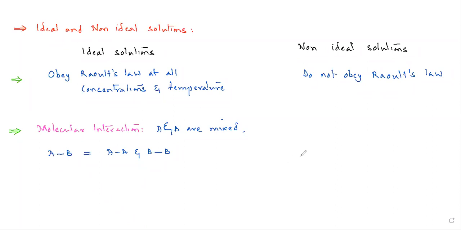If it is not the same, I mean, if the interactions between the molecules of A and B are not equal to the interactions that were there between the molecules of A when it was taken alone and the molecules of B when it was taken alone.